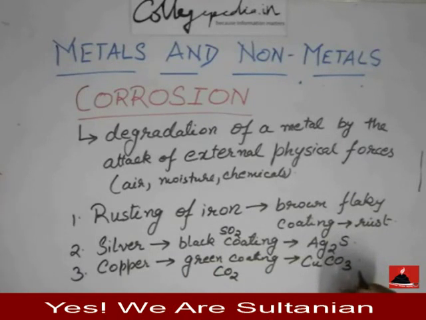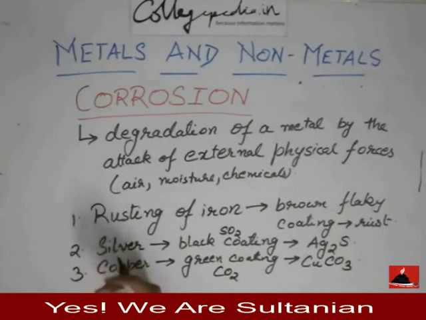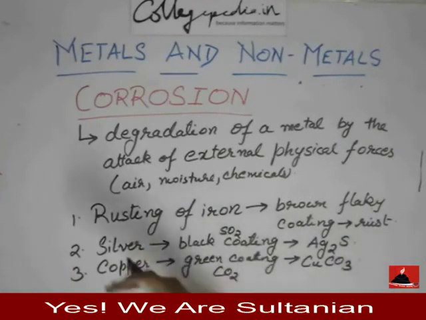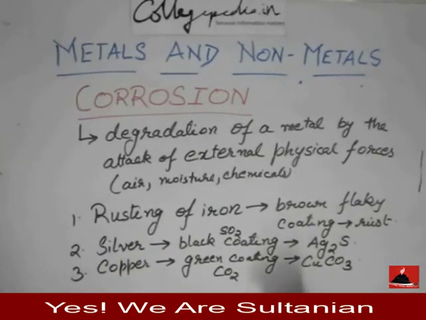So when these kinds of articles of silver and copper are corroded, the pure metal is eaten away and these kinds of salts are formed. So this is a lot of damage to these metals. So that is why we need to prevent corrosion.